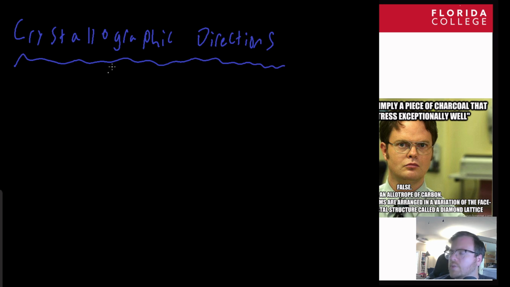Okay, and so again, I'm going to draw us our 3D Cartesian coordinate system. And inside of this, we're going to have another box. I'm going to draw it solid this time.